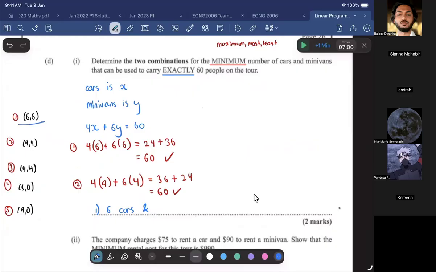This is the first condition: 6 cars and 6 minivans. And looking at combination 2, what was that combination? It was 9 cars and 4 minivans.